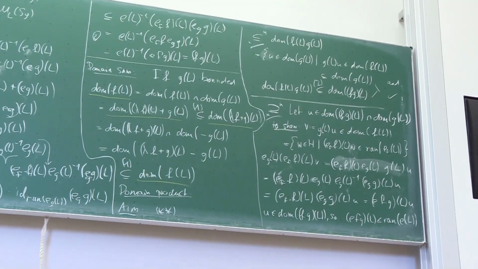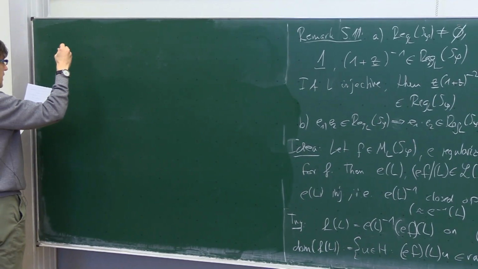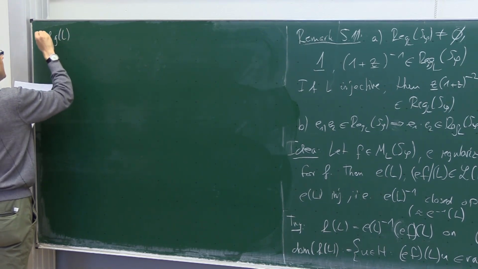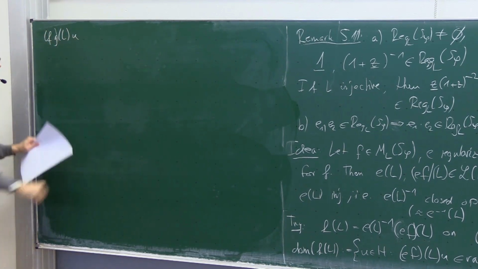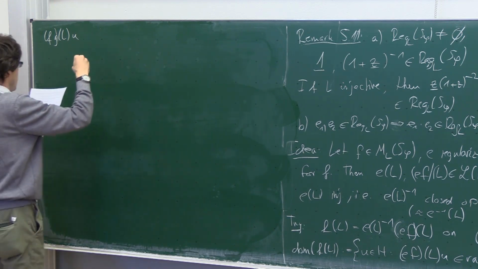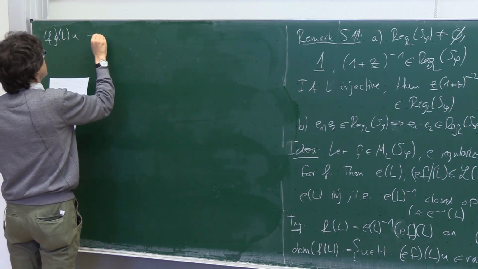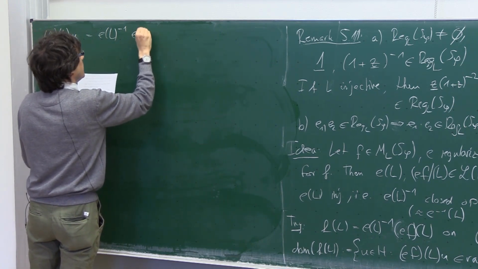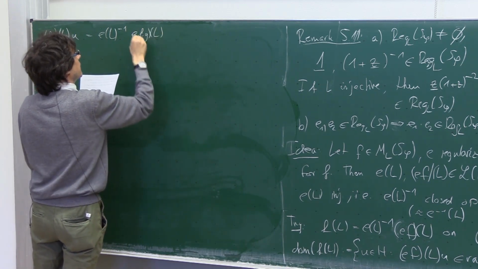This means we know that U is in the domain of FG, so we can also calculate FG of L applied to U. And we know that FG of L applied to U is E of L to the minus 1, EFG of L U.